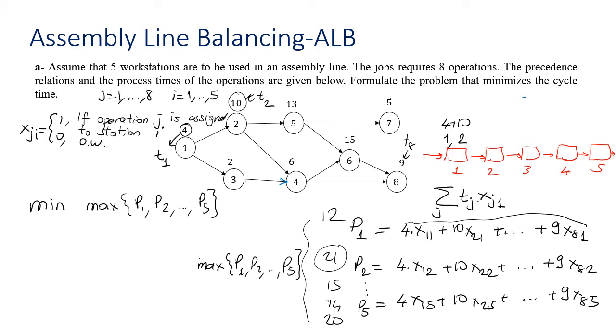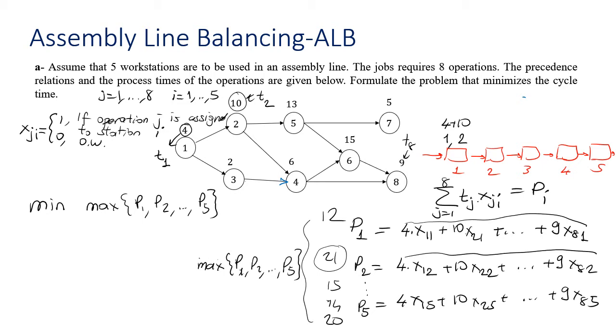And if I sum this over j from 1 up to 8, it is this first summation. What about the second one? In the second one, simply I will replace this 1 by 2. So if I write it as xji, then this summation will give me the Pi value.